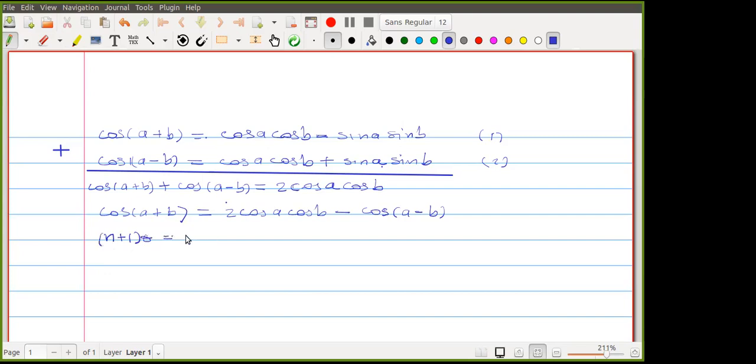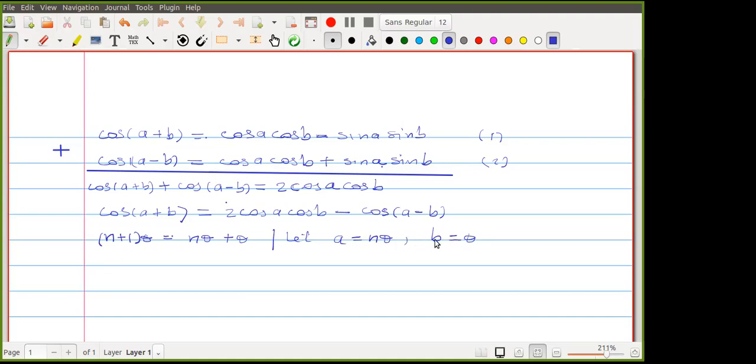If we expand that, it gives us n theta plus theta. So meaning that we can let A be n theta and B be theta.